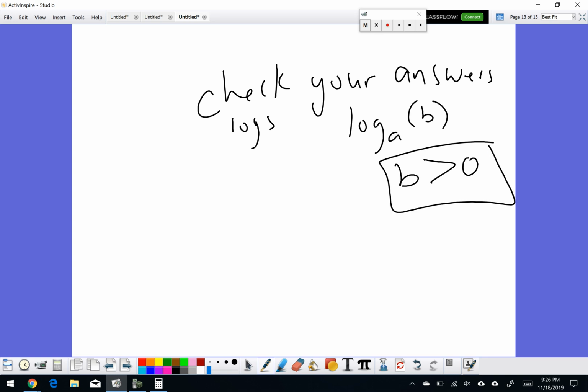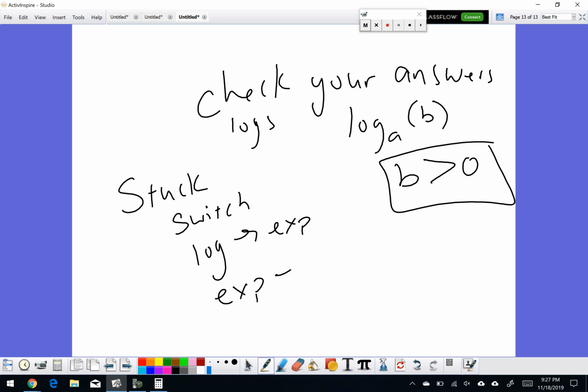That's huge. So make sure you always plug that in to make sure that is happening. Remember, check your answers. Remember, if you get stuck, switch, whether that's log to exponential or exponential to log. One or the other. That's really what you're doing.